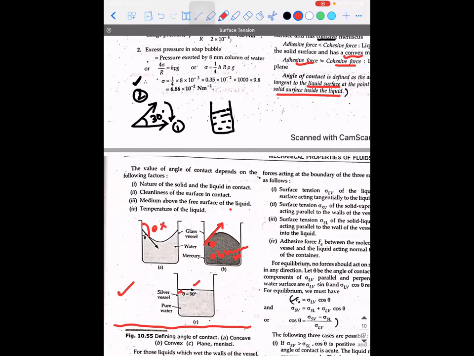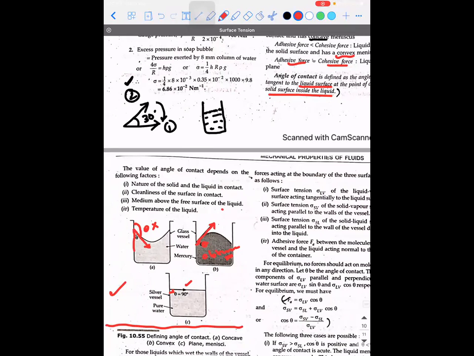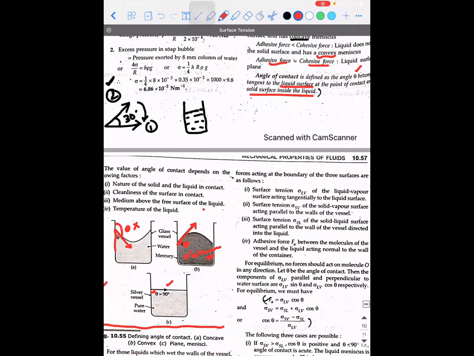The angle of contact is always measured between the tangent drawn to the liquid surface at the point of contact and the solid surface which is interior to the liquid, that is, which contains the liquid in it. That's what we call the angle of contact. I hope it is clear, guys.